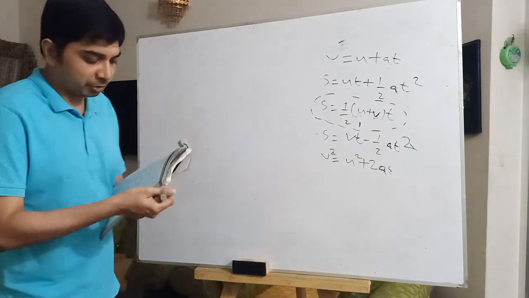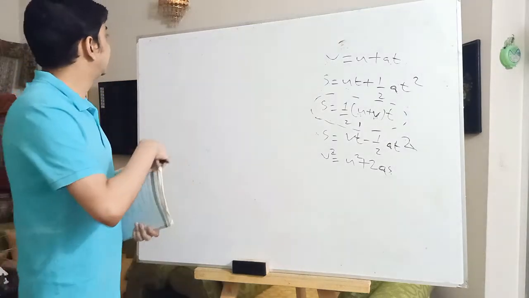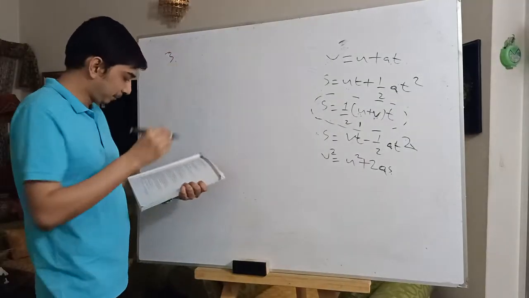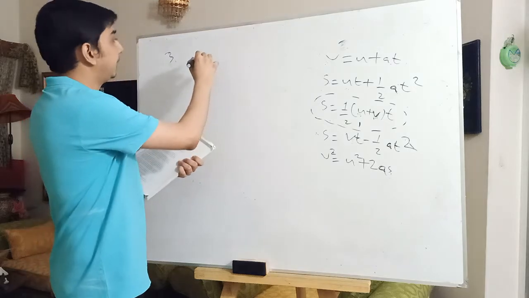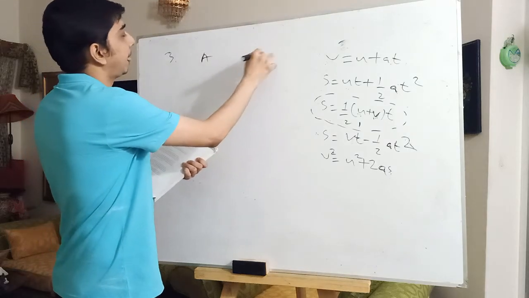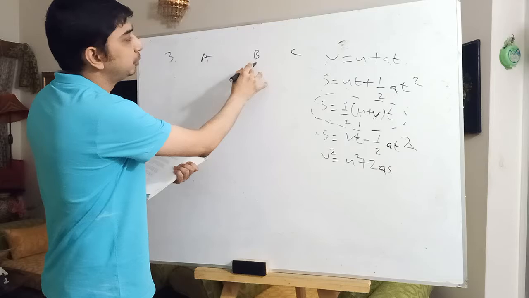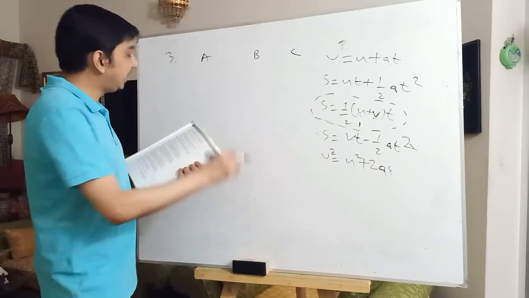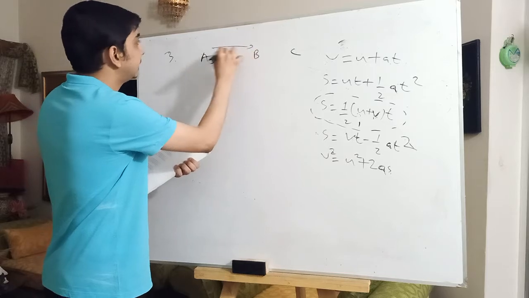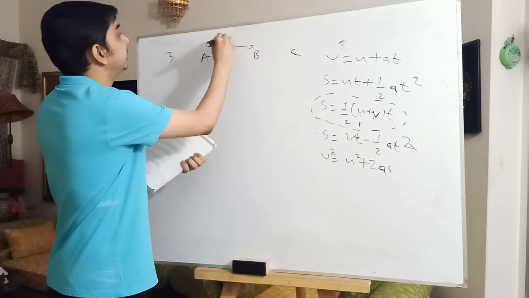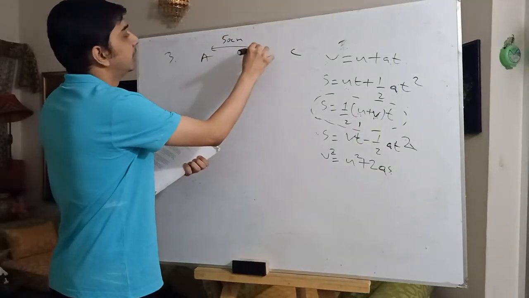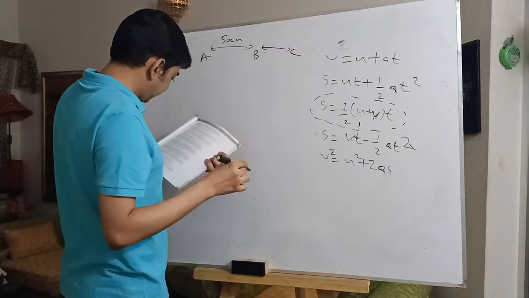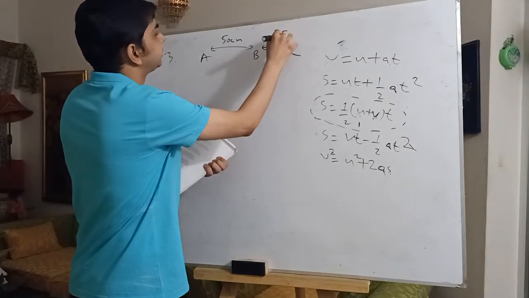So let's visualize the problem. You have A, B, C. The particle moves from A to B, then to C. This AB distance is 50 centimeters, and BC is 150 centimeters.